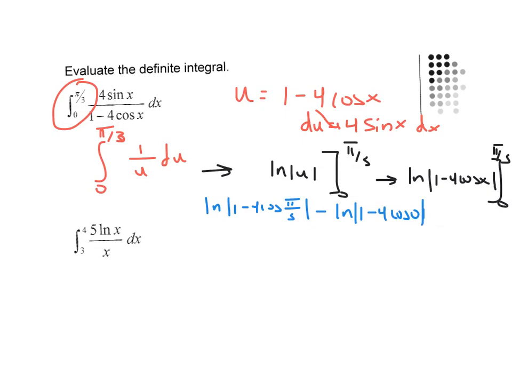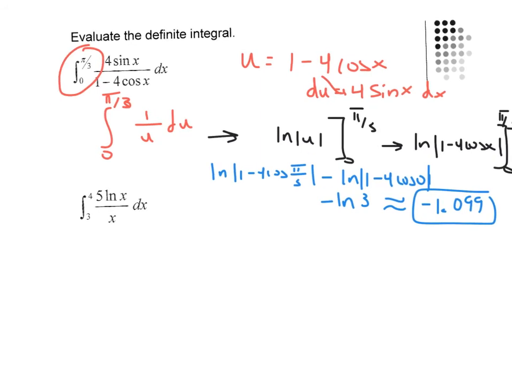If you do it out by hand, because the cosine of pi over 3 is a half, and the cosine of 0 is 1, you end up with negative ln of 3, which is a nicer way to write that, but then you could say it's approximately negative 1.099. And because you are in radians, make sure your calculator's in radian mode because you're plugging in radians there, okay?